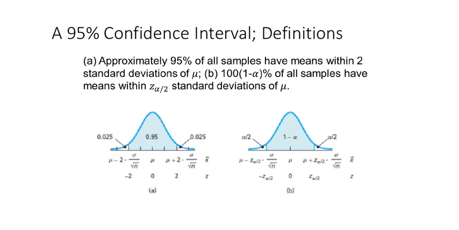All right, so what does a 95% confidence interval mean? What it means to us is that approximately 95% of all the sample means are within 2 standard deviations of the actual population mean. Now, if we think about that, this corresponds with our empirical rule, which stated that 95% of all of our samples were within 2 standard deviations.